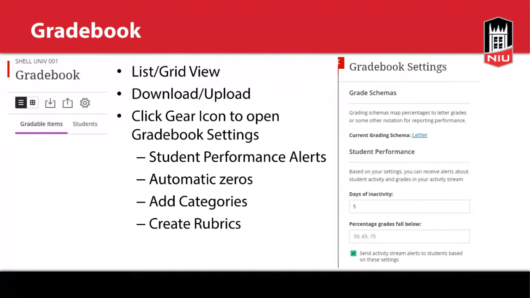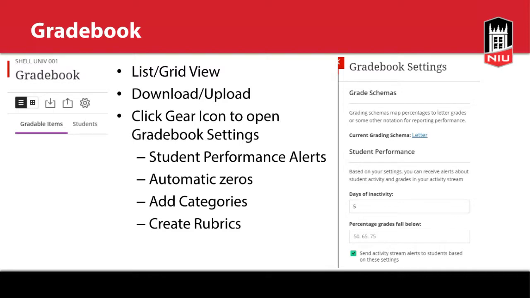One of the things I like about that is that the list view is just a list of all of your available assessments, where the grid view is more like that spreadsheet view that you're accustomed to seeing in a gradebook, that has your list of students and then all the assignments laid out in a nice grid.